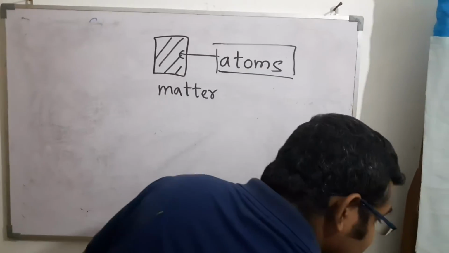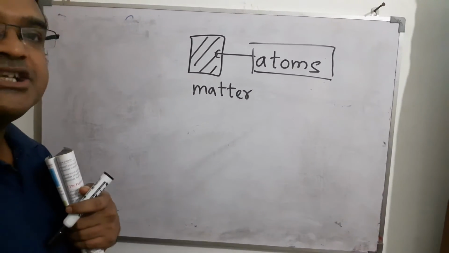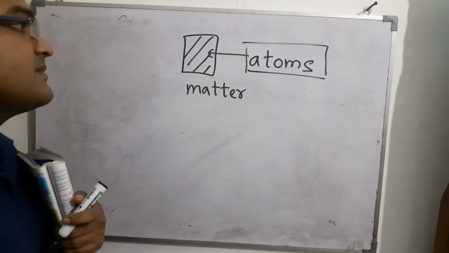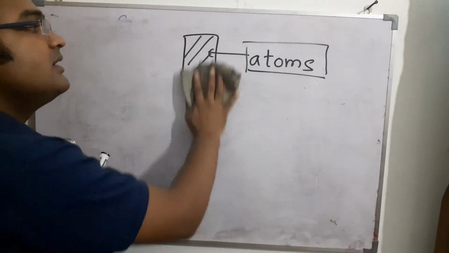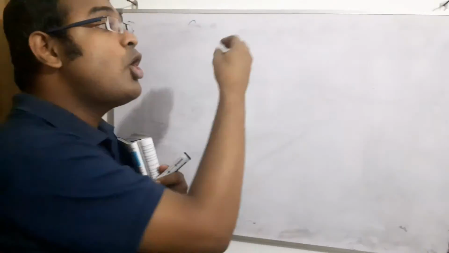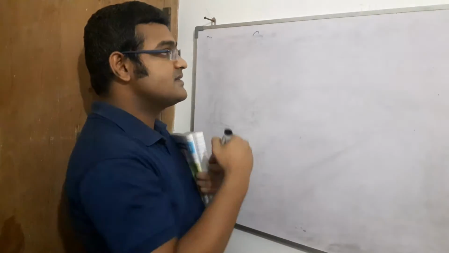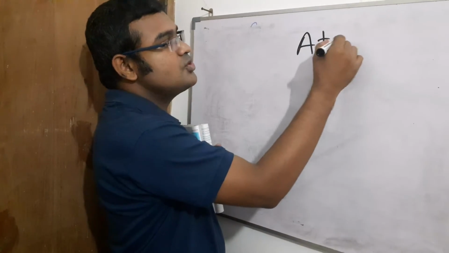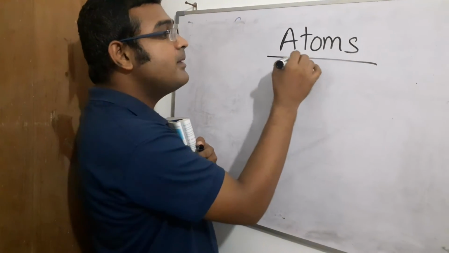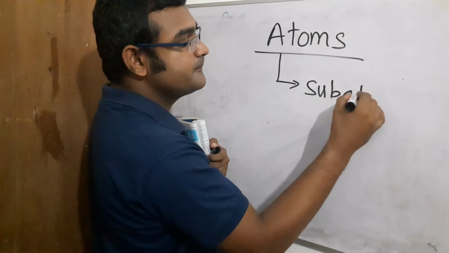Then scientists were concerned about atoms. They thought initially those were the tiny particles, building blocks. But later on, scientists found there are even smaller particles than atoms. So they found atoms are made up of subatomic particles.